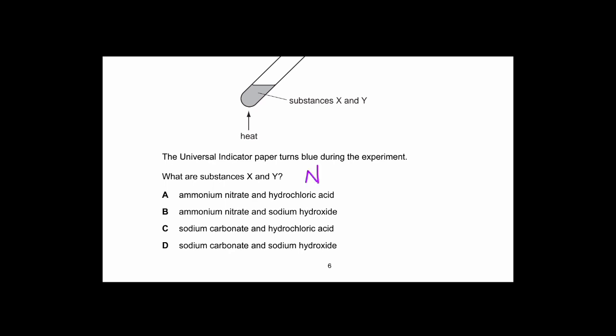I told you that I'll be taking time to answer questions because I am preparing you for the exam and not just to know the answers of this paper, because next time you are going to meet similar questions, but you should be able to analyze them the way I am doing it today. So we are having ammonium nitrate and HCl, which is hydrochloric acid.